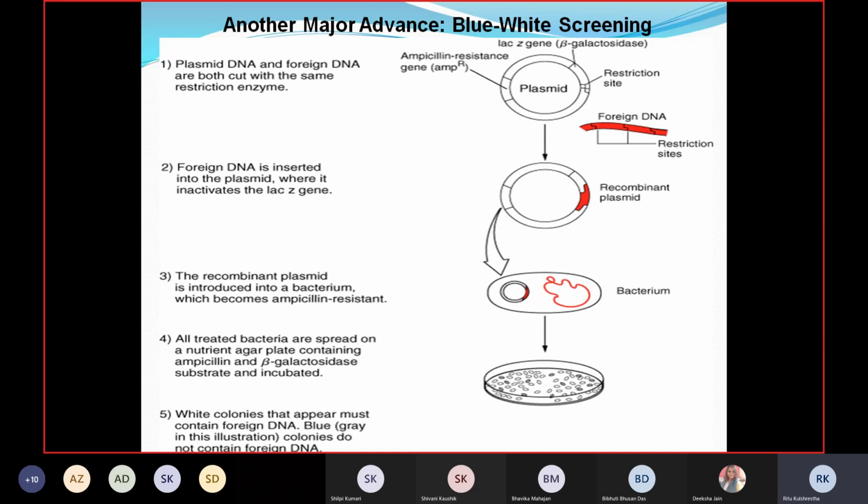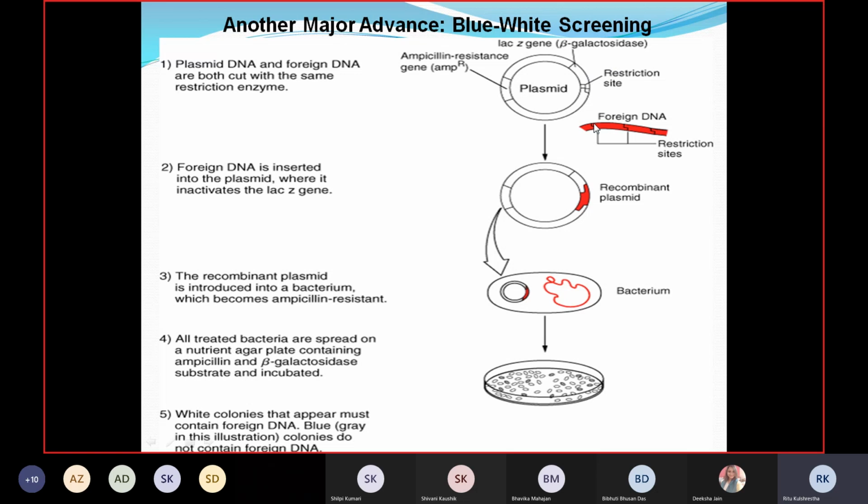Because those four monomers are there, this alpha peptide will bind to them and make a complete homotetramer, which is functional. And when I introduce X-gal to this bacteria, it will give me a blue color. This is for the non-recombinant plasmid.